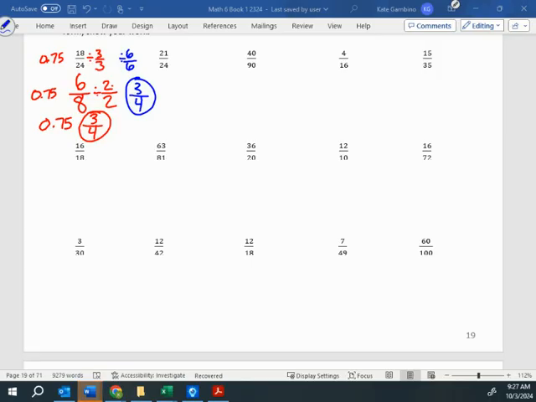Does it matter? No, because as long as you keep simplifying it all the way down to the bottom, we're going to get the same answer.